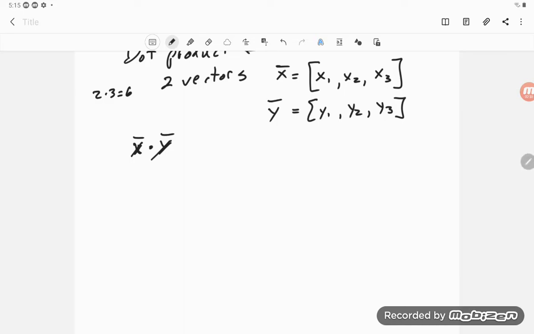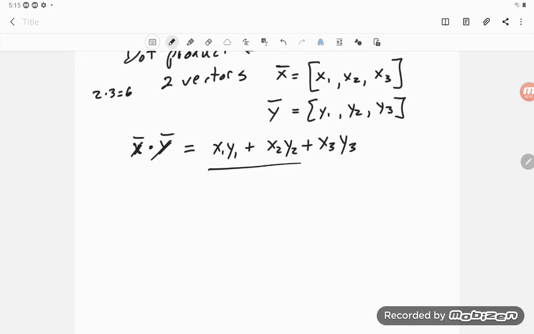It still would work this way. But let me write out what this is. We go element-wise with our products, and then we add those together. So you get x1 times y1 plus x2 times y2 plus x3 times y3.